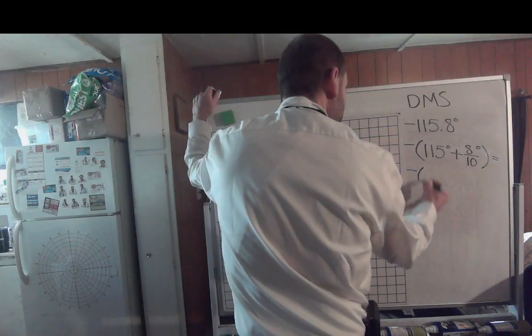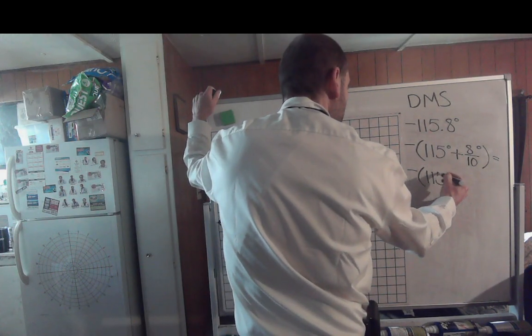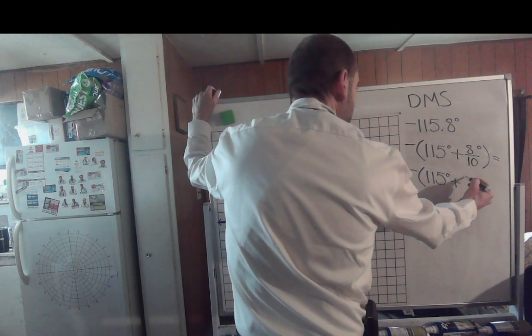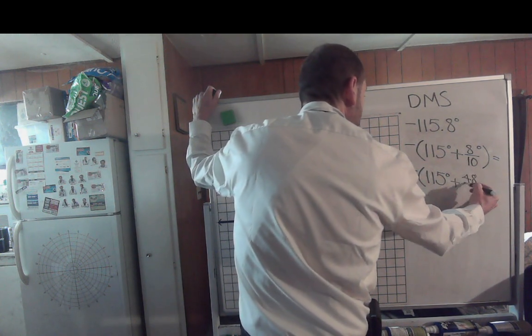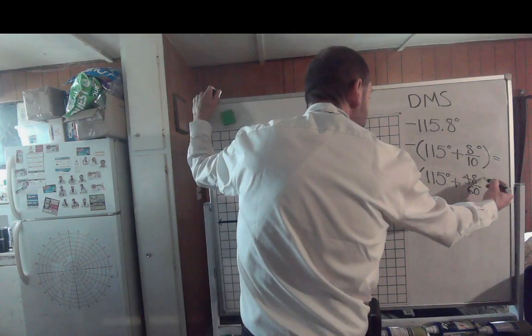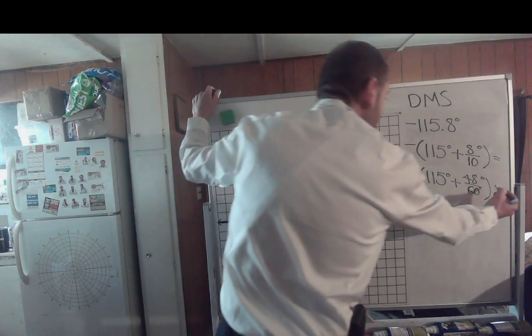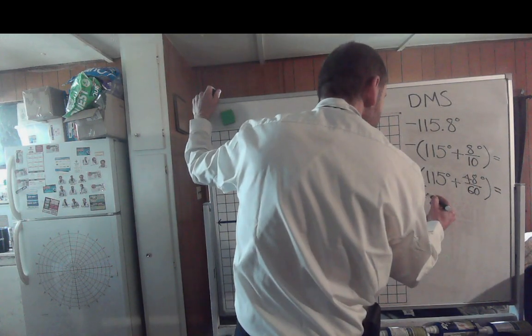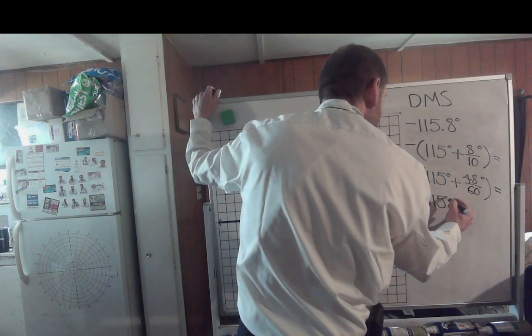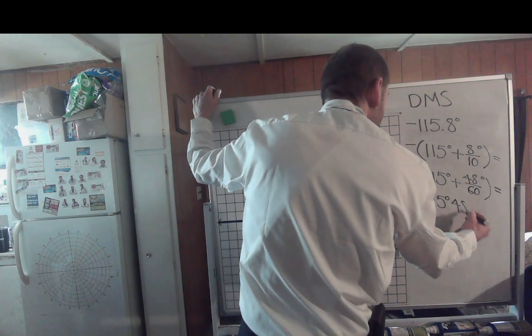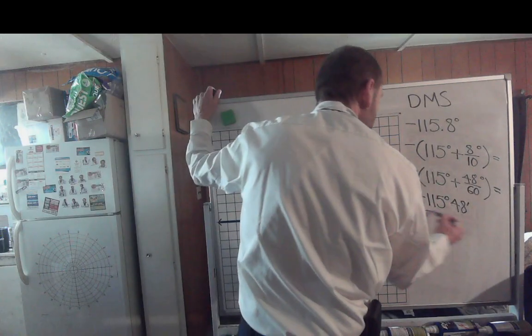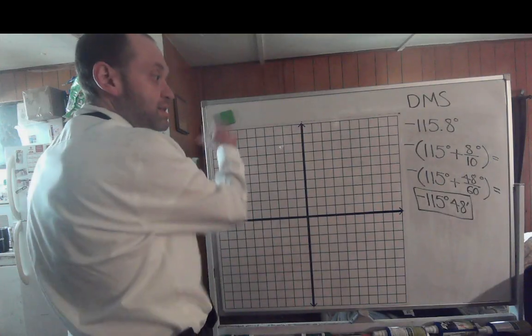So this would be negative of 115 degrees plus 48 out of 60 degrees, which that 48 out of 60 tells you it's 48 minutes. So this would be the same thing as negative 115 degrees and 48 minutes. That's exactly what you would have. Negative 115 degrees and 48 minutes.